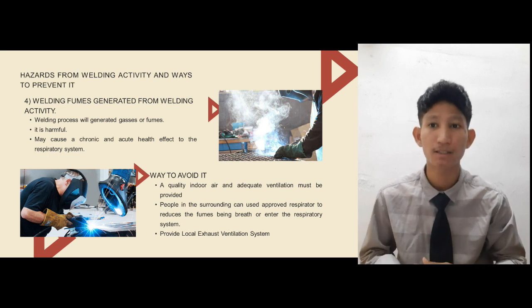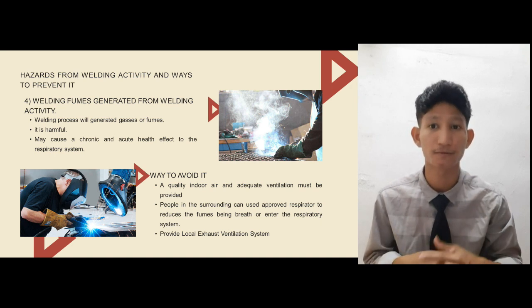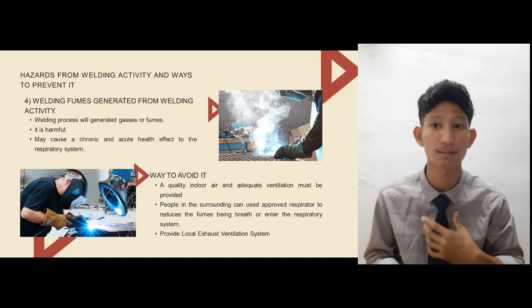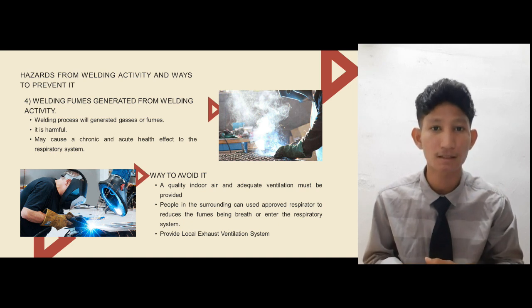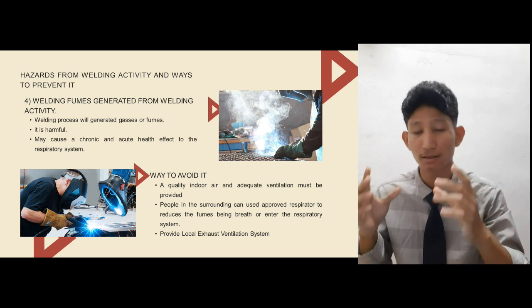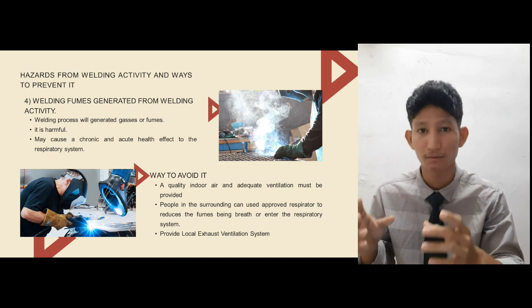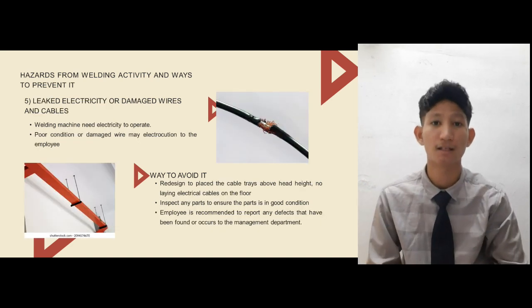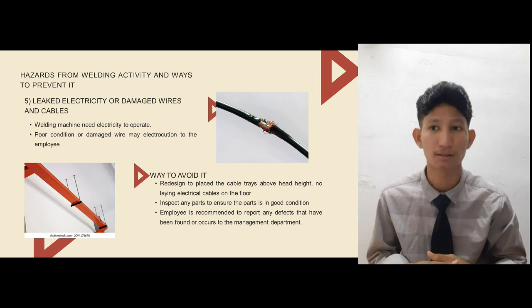Second, people in the surrounding can use an approved respirator to reduce the fumes being breathed into the respiratory system. And third, provide a local exhaust ventilation system to absorb fumes or gases directly at the welding workplace.